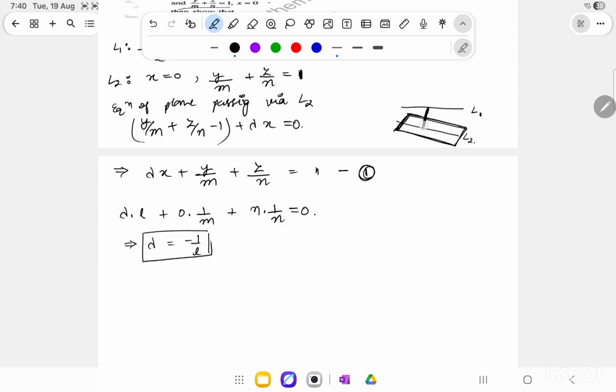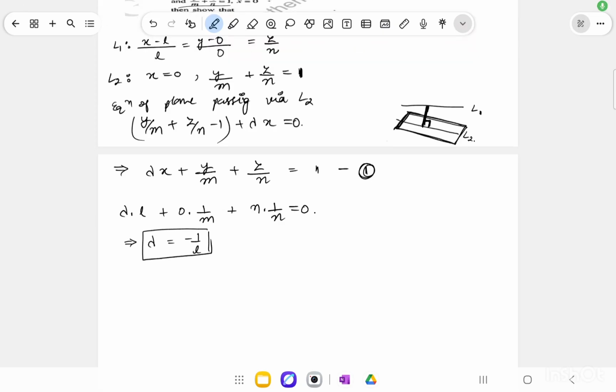So the direction cosines of this shortest distance line and the normal to this plane will be parallel, and using that logic I got my equation of plane. So my equation of plane will be −x/l + y/m + z/n − 1 = 0.